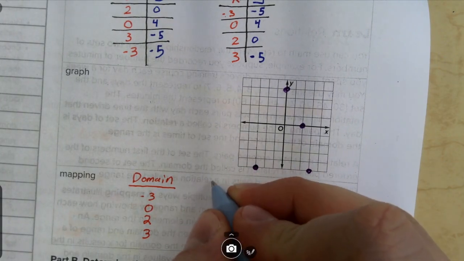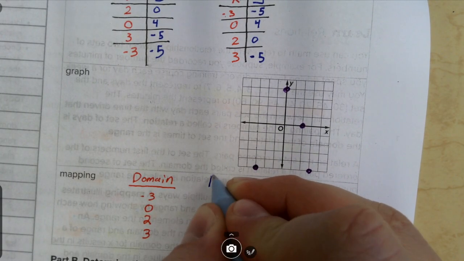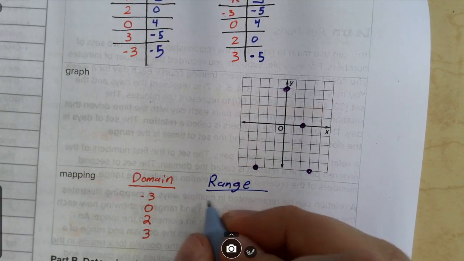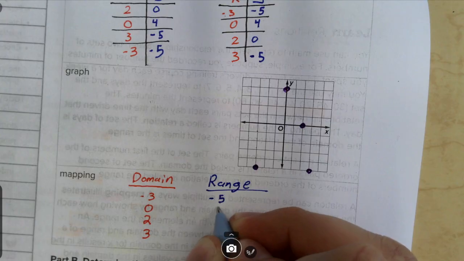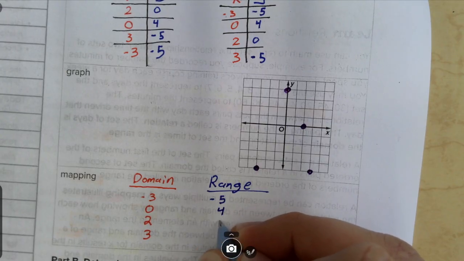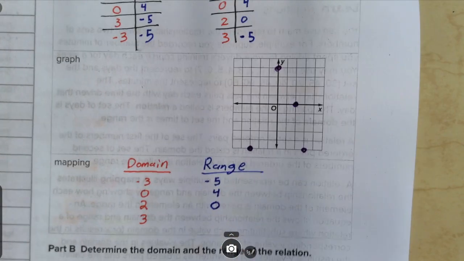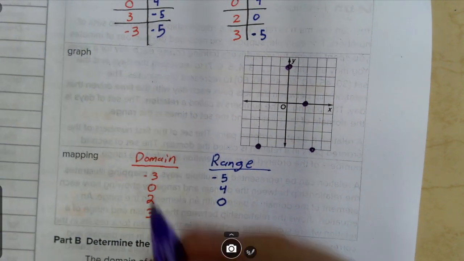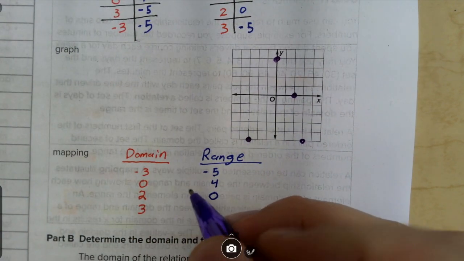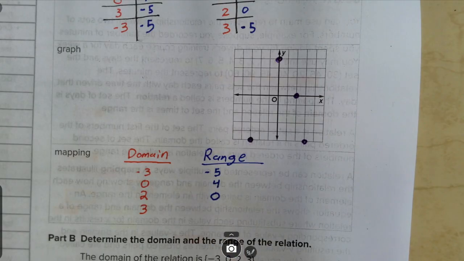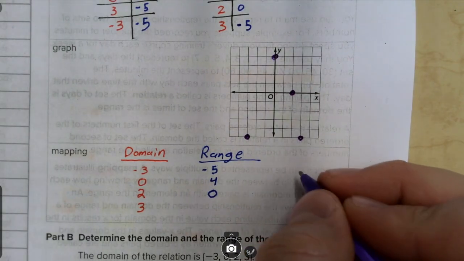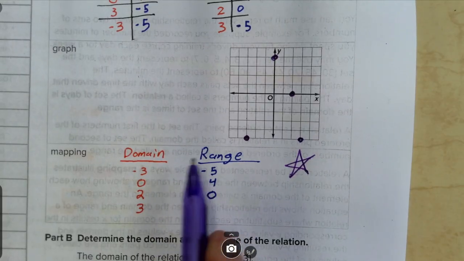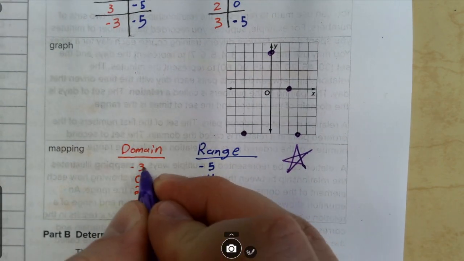Then we have the range, negative 5, 4, and 0. Now notice that the range is smaller than the domain. This matters later on. So just remember, there are instances where the domain and range are different sizes.